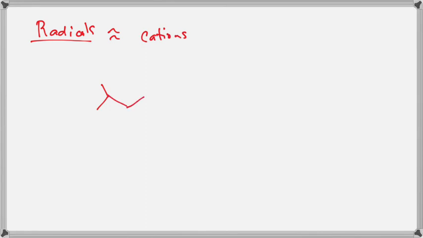So if I look at this scenario and I would say, bam, I'm going to do something crazy, wildness happens and I form a radical. Where do I want to see that radical be? In the middle of the tertiary. There's my radical.